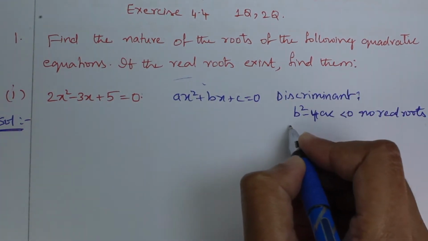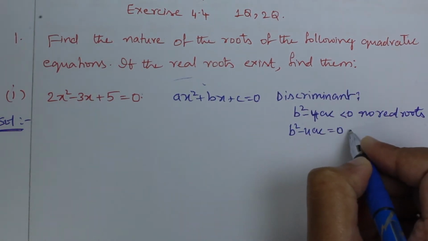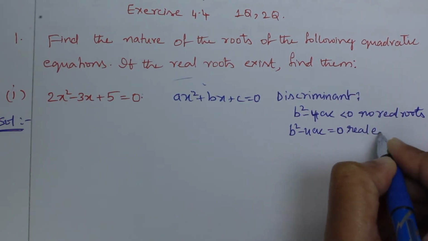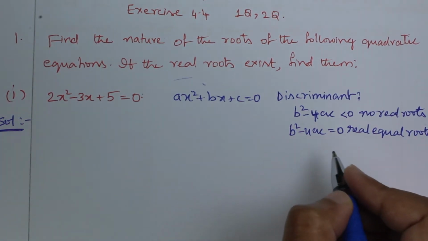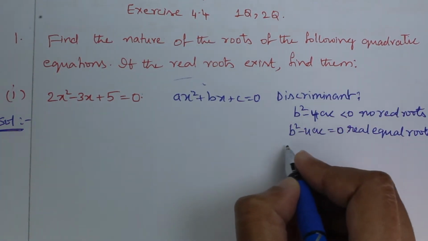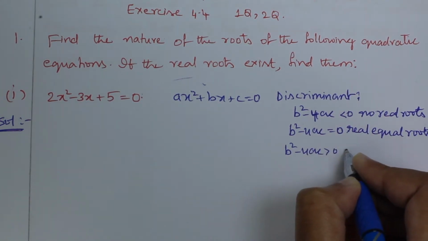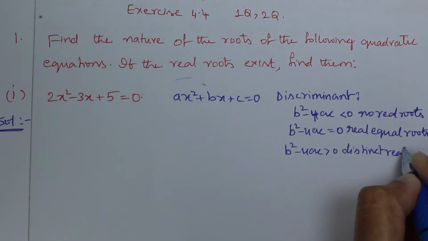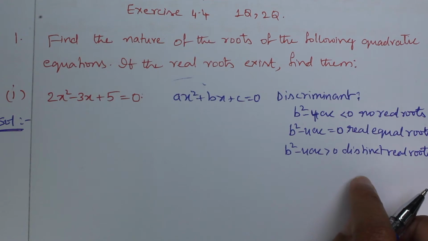If b square minus 4ac is equal to 0, then it has two real equal roots. If b square minus 4ac is greater than 0, it has two distinct real roots. This is the condition for finding the nature of the roots.